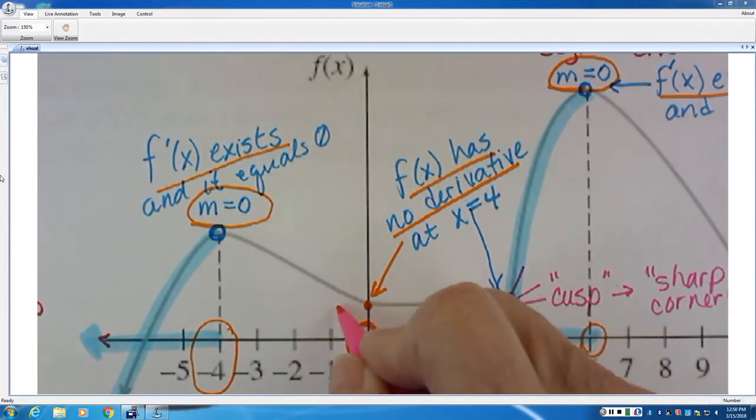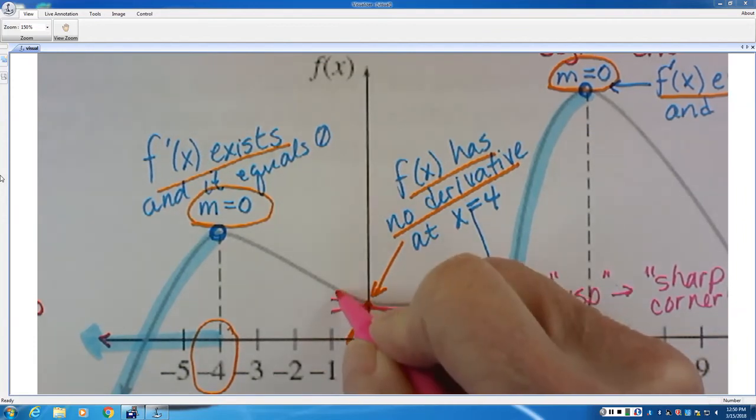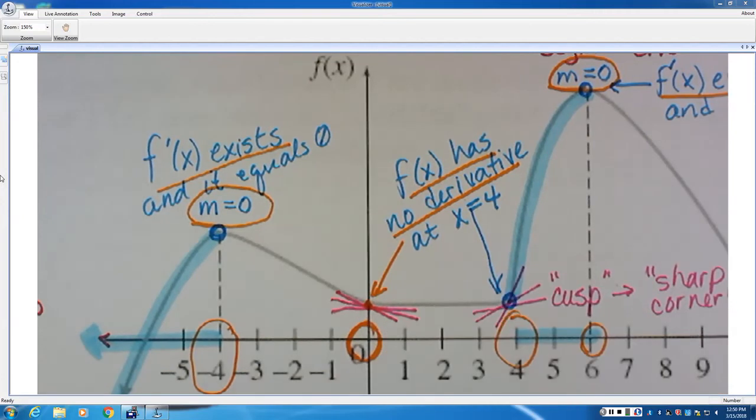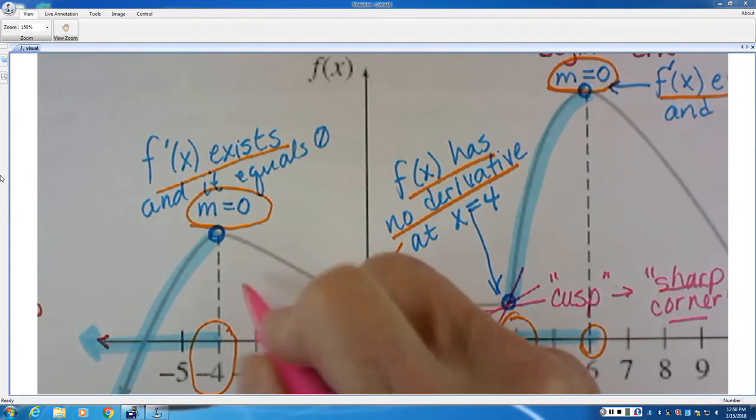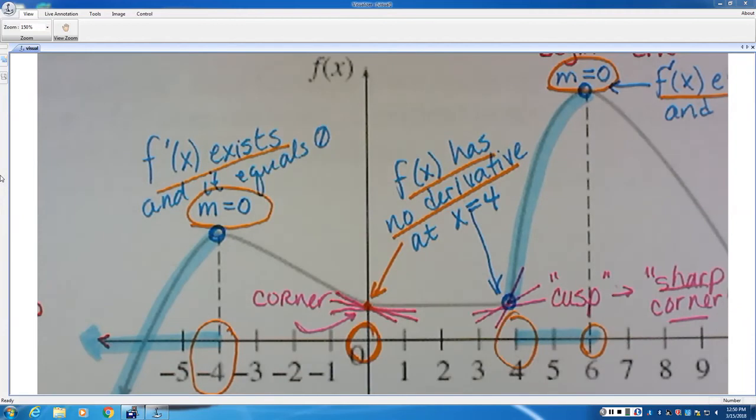So this is also a cusp, because here I could draw this tangent, or that tangent, or that tangent. It doesn't have a unique tangent. That's why it's a sharp corner. Not as sharp as this sharp corner, but it's still a corner. So one of its critical numbers is also 0. And that's because the derivative doesn't exist at that point. Okay?